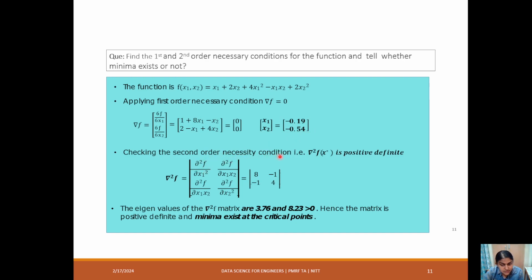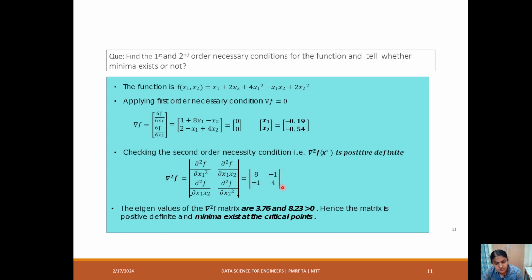Then the second order necessary condition, that means this should be positive definite. So del square f equal to dou square f by dou x1 square, dou square f by dou x1 x2, dou square f by dou x1 x2, dou square f by dou x2 square. You will get these values.